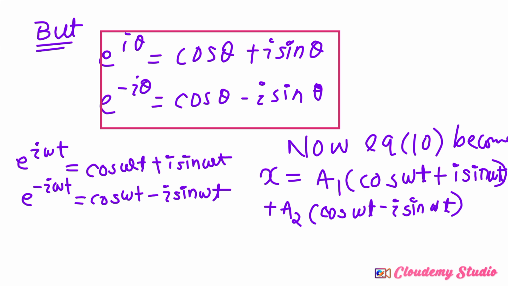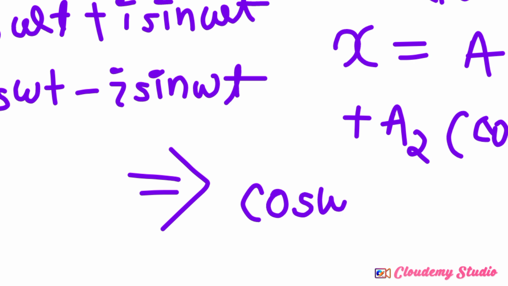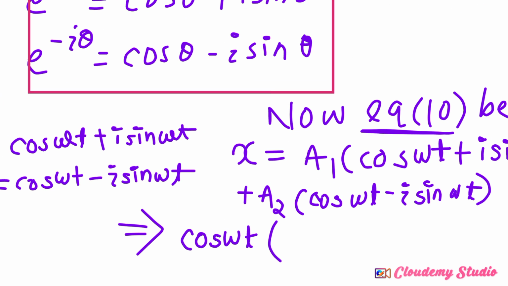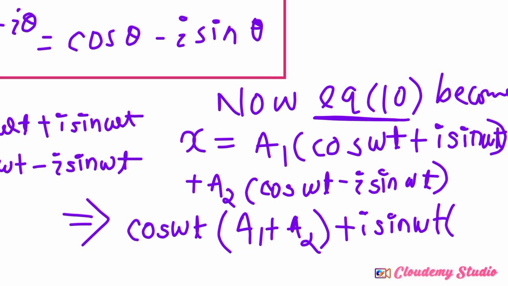After putting these values, we can form cos omega t taking common (a1 plus a2) and i sin omega t taking common (a1 minus a2). This is equation number 11.